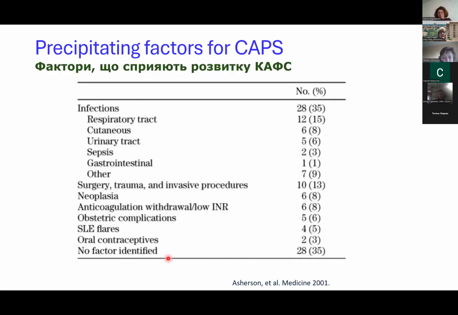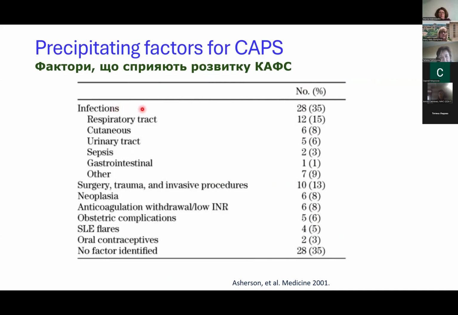And so this study looked at a number of patients, and you can see over here this is the percentage of patients that manifested these complications, and the number of patients here.